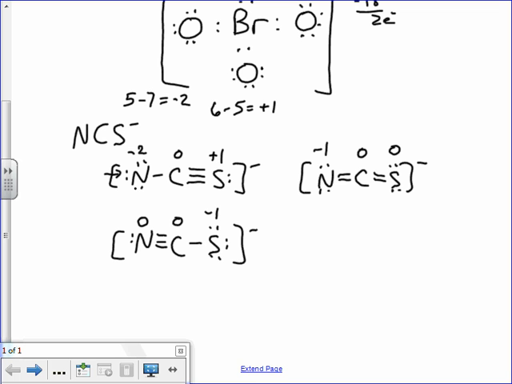Well, it seems like we've got two fairly equivalent structures here, right? Okay, so it seems like the one that's more electronegative probably would be more willing to have the -1 charge, right? Now this is tricky because nitrogen and sulfur are diagonal from one another, okay?